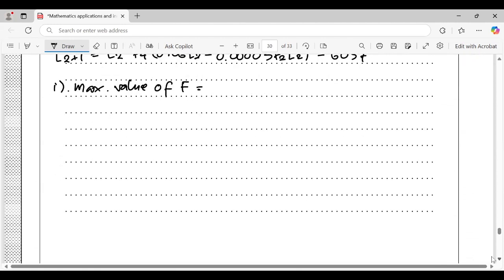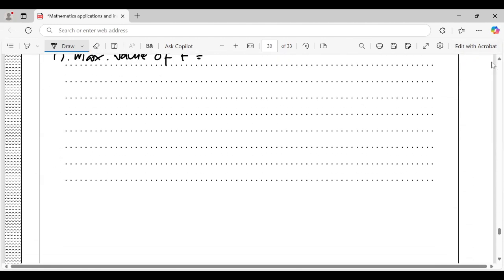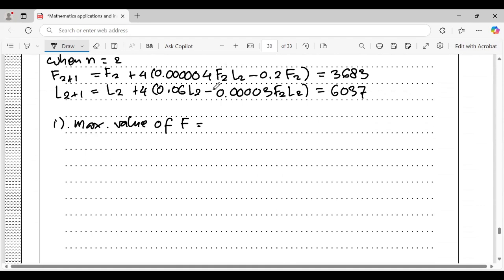So we can write here: the maximum value of F is 7,542 at t equals 8. And the minimum value of L occurs at t equals 16 and L equals 4,817.